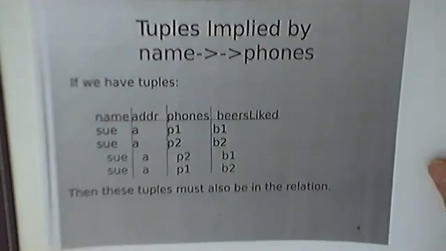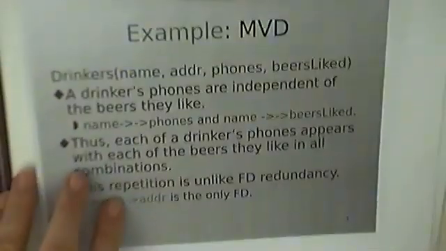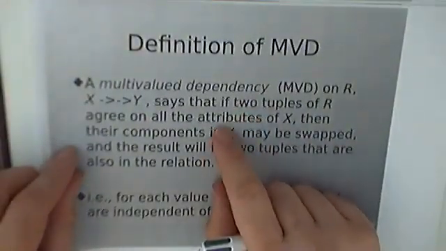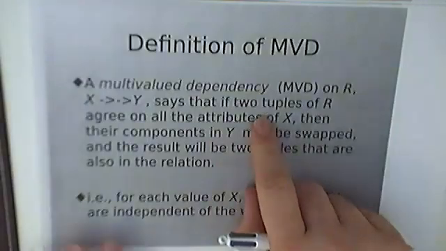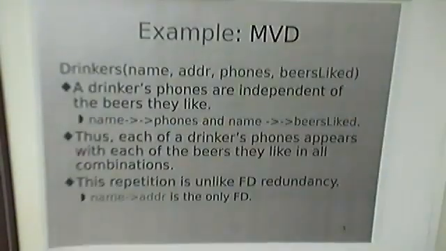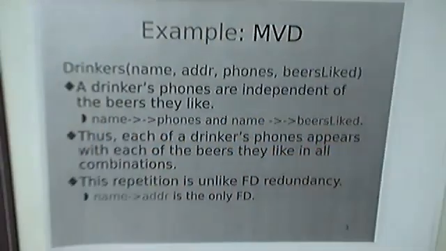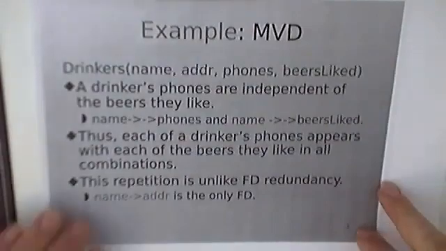What's important in this example, which is the reason why I didn't start out with it, is that if you go to this definition here, something weird seems to happen. In this case we have name multi-determining phones and names, and beers liked.